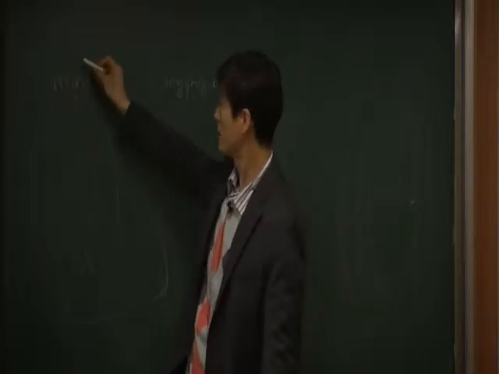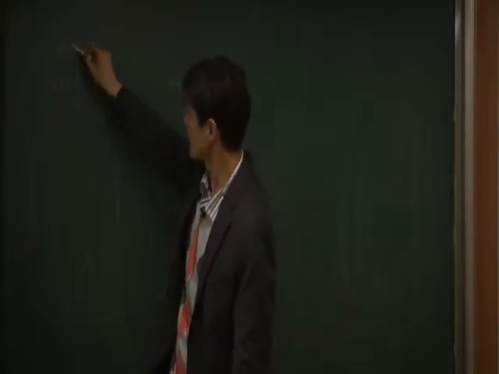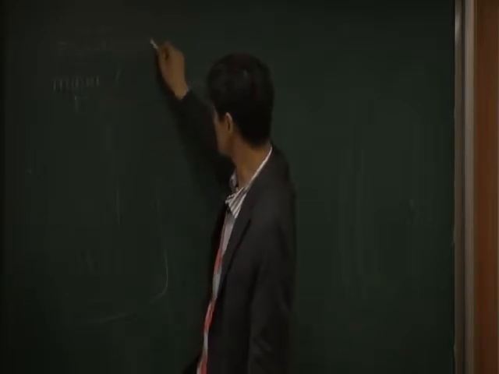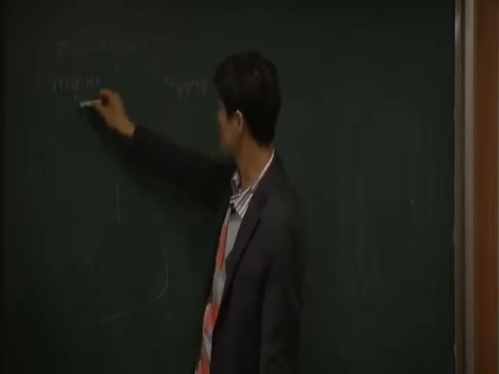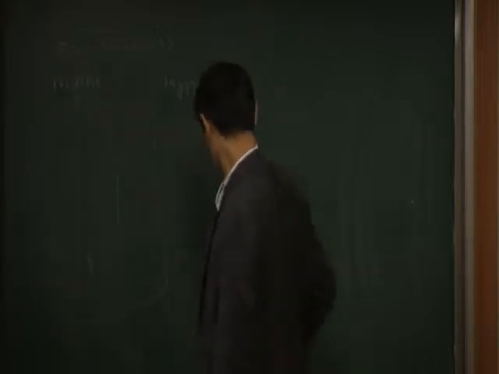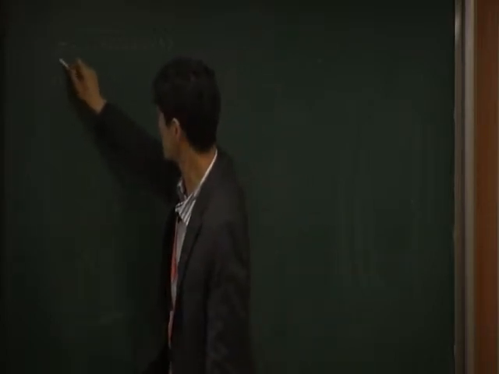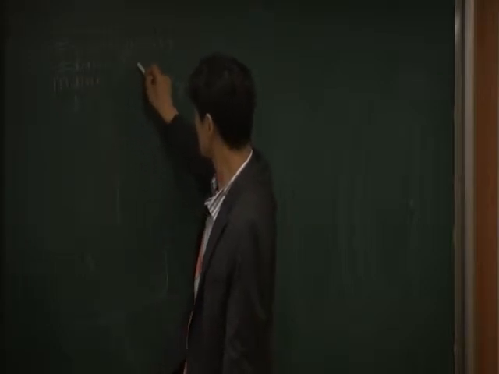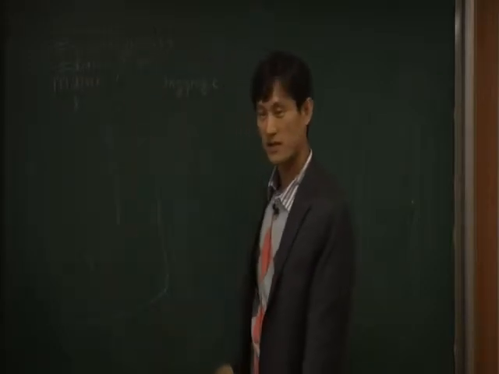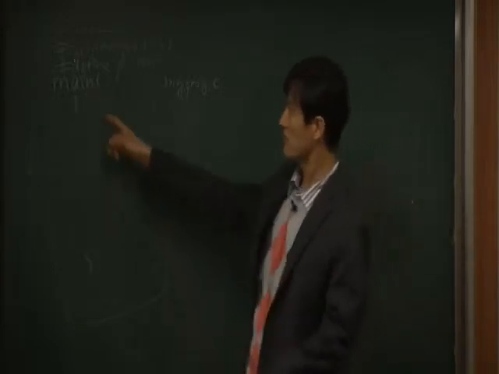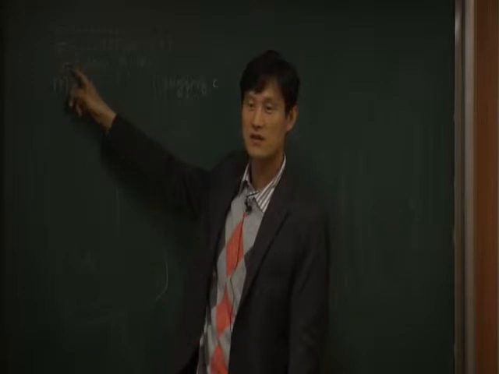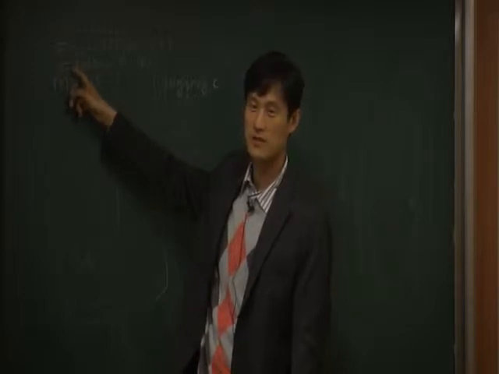For example, you have include, maybe the standard input-output header file, something like this. Or sometimes here you may have define A 100, something like this. So those things are directives.